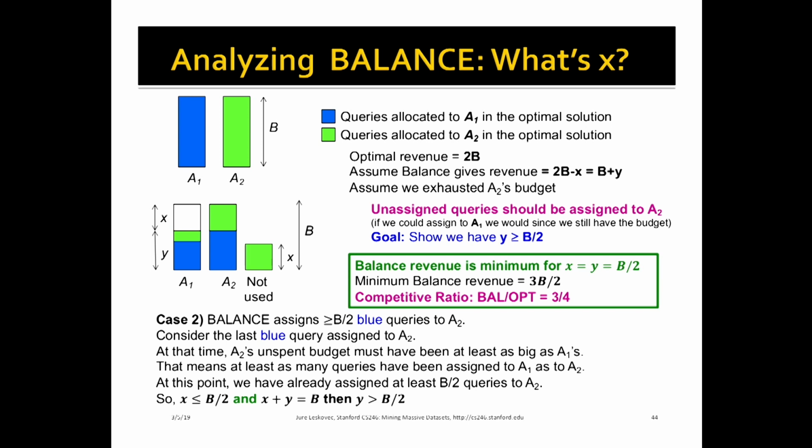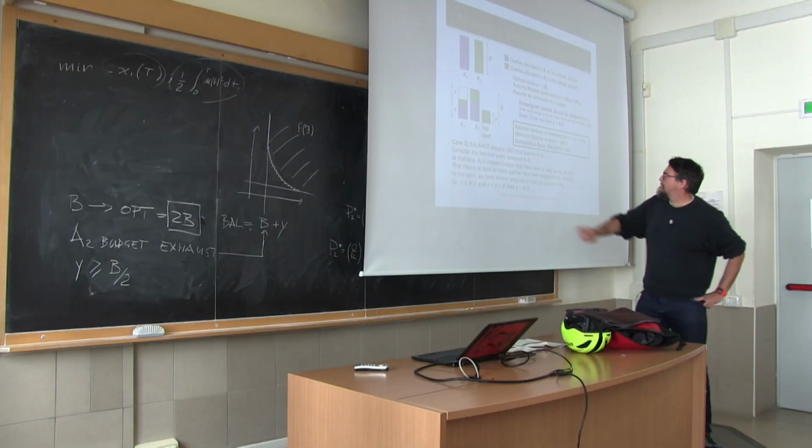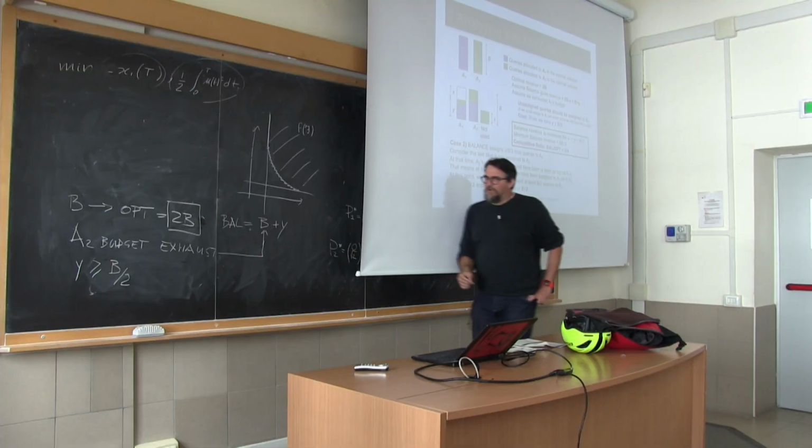And so again, we have Y that is bigger than B over 2. Okay? Good.